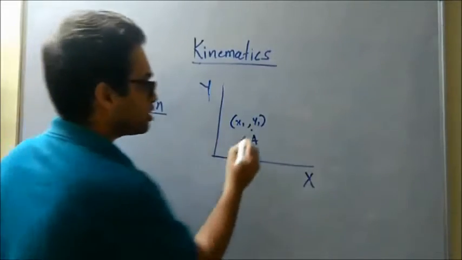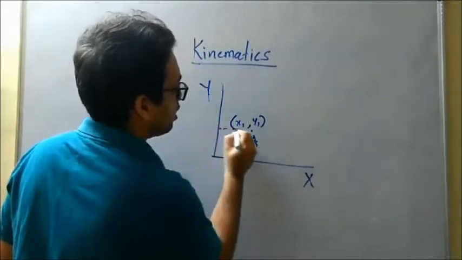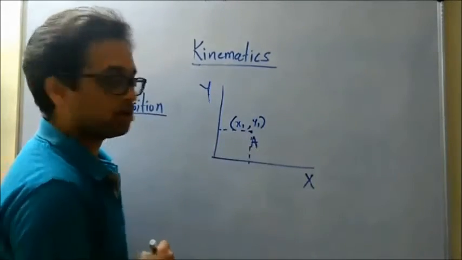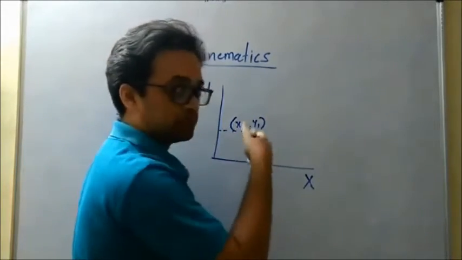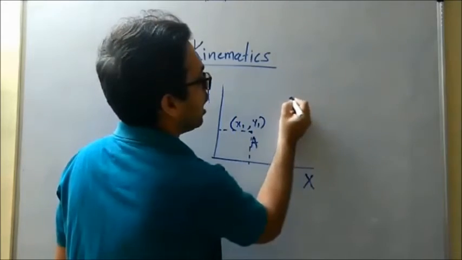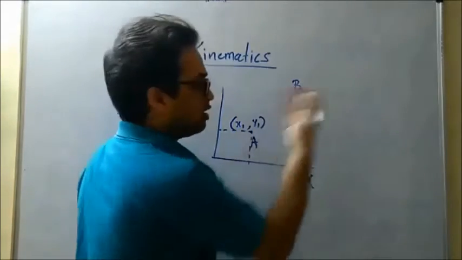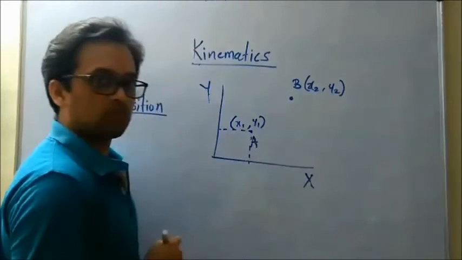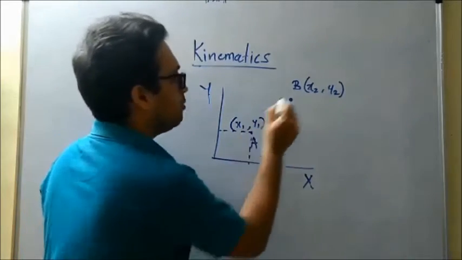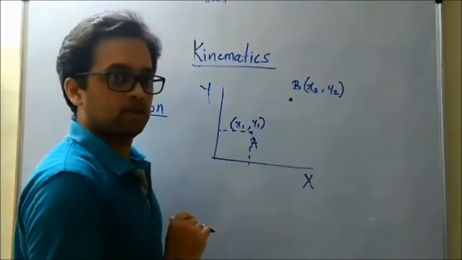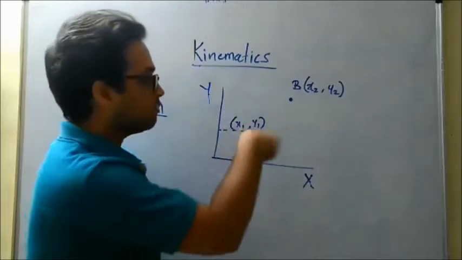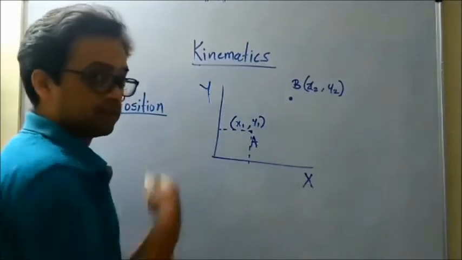Basically the coordinates of that point. This is first position or A position. The object has to start from this position and move to another position B. Let us say that its coordinates are x2 and y2. So motion from position A to position B will be described by further things.